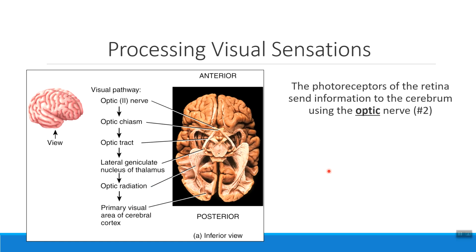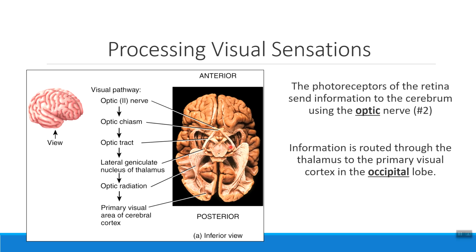The final thing I want to mention in the process of vision is talking about where we send our detected sensations to be processed in the brain. Attached to the back of the eyeball is cranial nerve number 2, the optic nerve. When we talk about the optic nerve, this is going to carry those signals out of the retina, out of the eyeball, back through the thalamus in the middle of the brain.